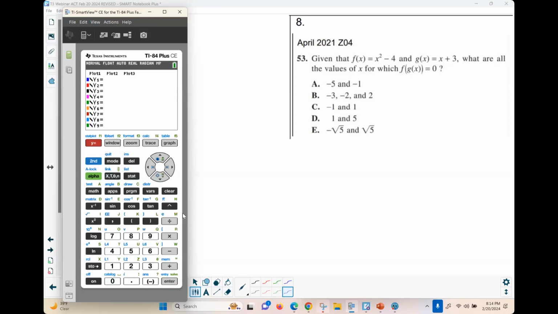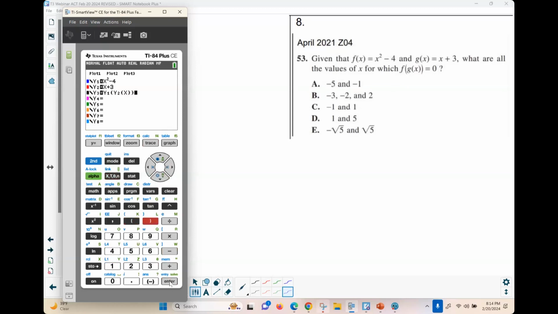So I'm going to type in x squared minus 4 into y1 of x, and type in x plus 3 into y2 of x. And then I'm going to do f of g of x in y3, which would be, by using alpha trace, that's where I can get the y variables, and do y1 of alpha trace again to get y2 of x.